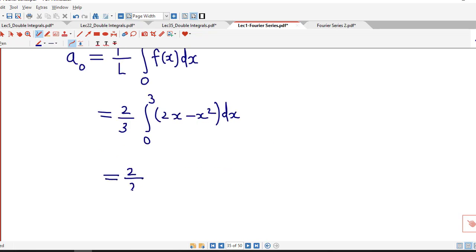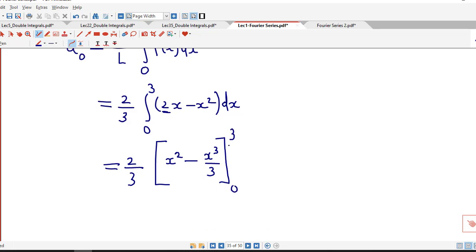Now the integral of x is x square by 2, so this 2 will cancel out, and the integral of x square is x cube by 3, so we get x square minus x cube divided by 3. Limits of x are from 0 to 3.